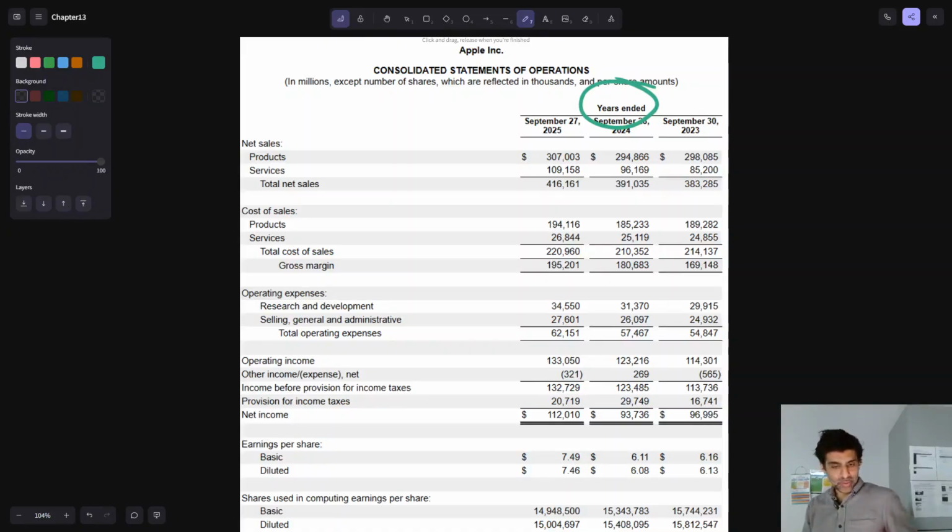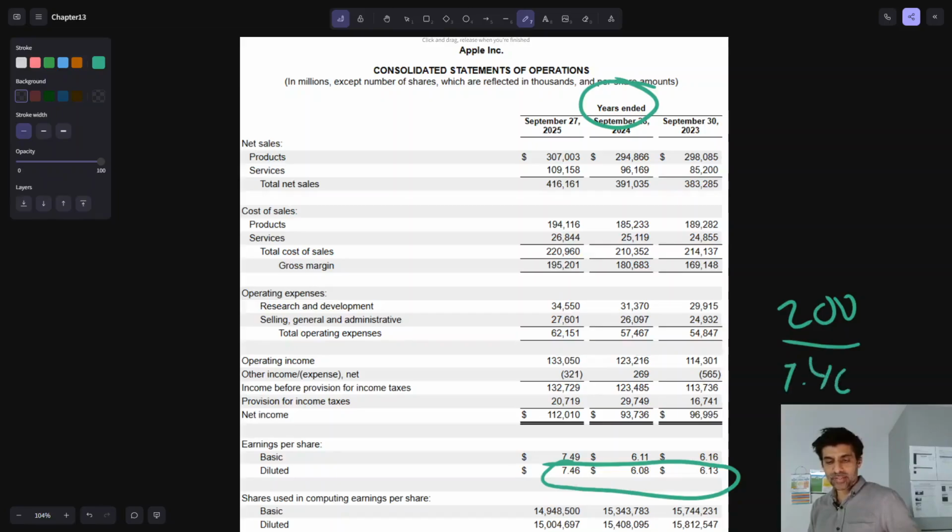They're hoping. Well, you can see it here. You can see that it's growing over time, right? So, I mean, you could think of it as $200 divided by 7.46. This is the number of years it will take for you to earn your money back just to break even. But what people are thinking is that this is not a static number.